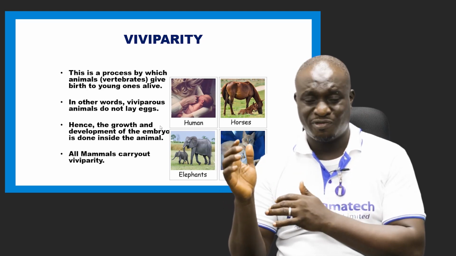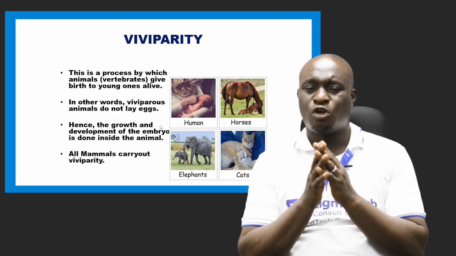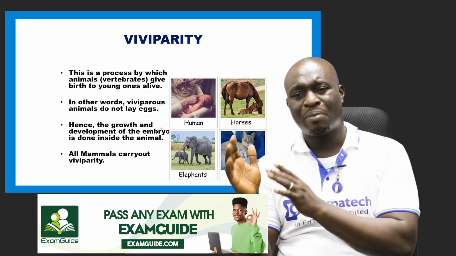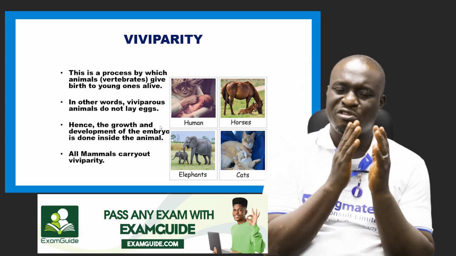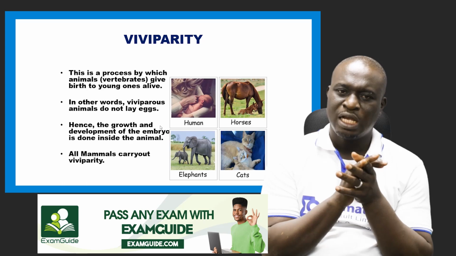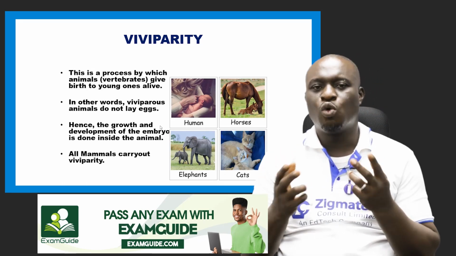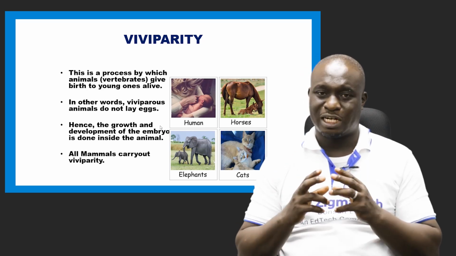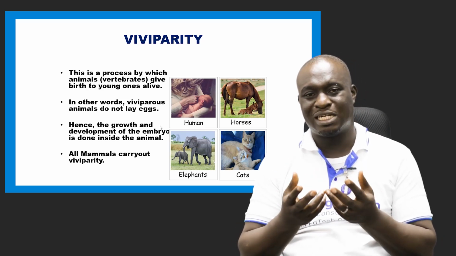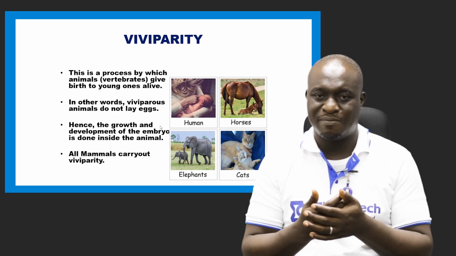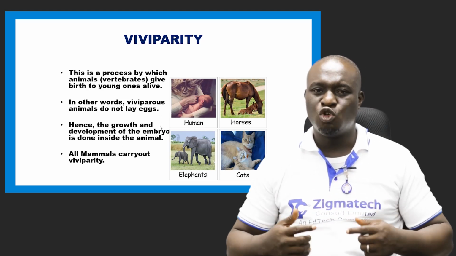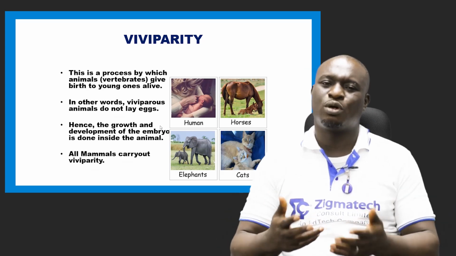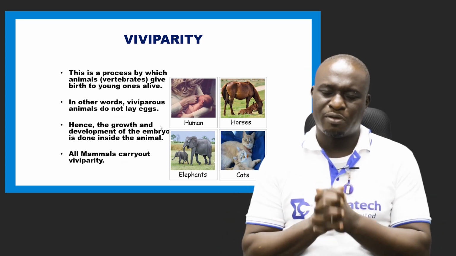Another difference is that during oviparity, the embryo, or the zygote that is the product of the fusion of the gametes, grows and develops outside the body of the parent organism.